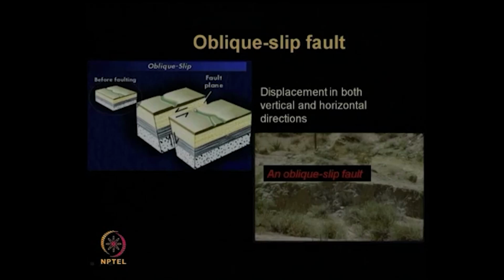So, we need some amount of vertical movement in the ocean plate, between the two oceanic plates, to get a tsunami generated. That is the reason only oblique slip, reverse fault and normal fault can create a tsunami during an earthquake process.